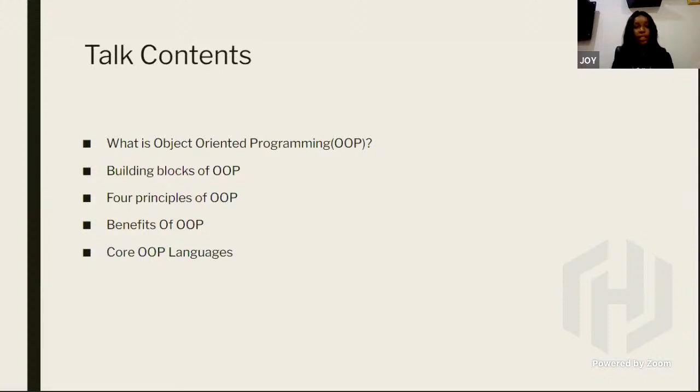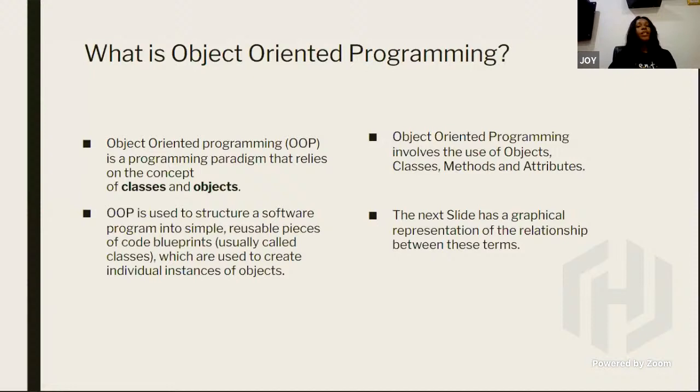So let's get started with our talk. What is object-oriented programming? According to my off-the-book definition, object-oriented programming is a programming paradigm that relies on the concept of classes and objects. Let me try to make that more human readable. Basically, object-oriented programming helps to explain the relationship between objects, how these objects interact with each other, and how they come together to form complex structures, not only the objects but the classes, methods, and attributes.